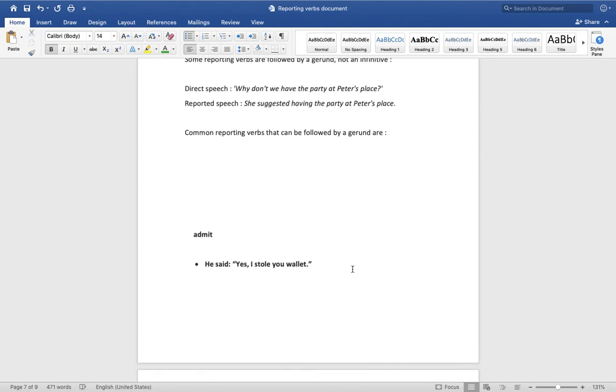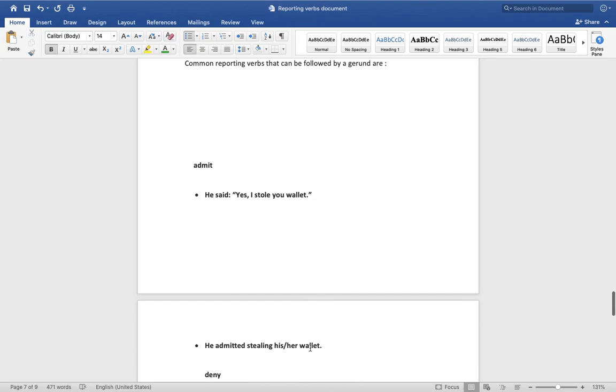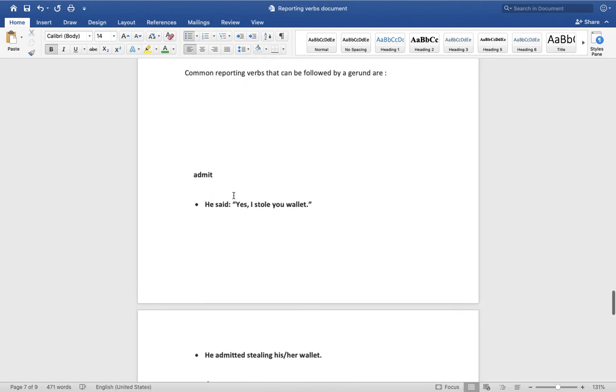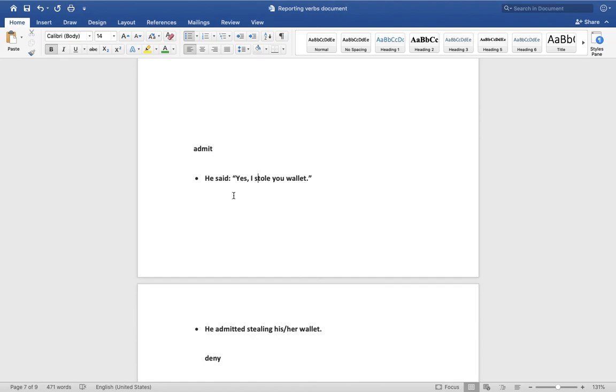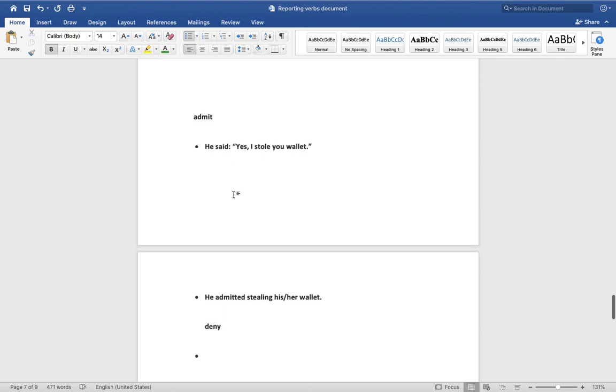Y aquí están los ejemplos ya hechos, ¿vale? A ejemplificar con el primer verbo que tendríais que hacer vosotros, que sería admit, ¿vale? Admit sería uno de esos reporting verbs que se usan seguidos de una estructura de verbo en ing, o en gerundio. Imagine we have this original sentence.